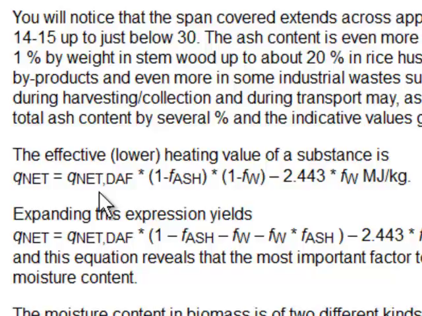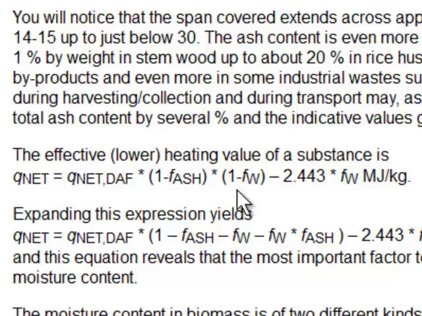The heating value for the dry ash-free substance is then multiplied with 1 minus the ash content. So 1 minus the ash content is the amount of ash-free substance. And then it is also multiplied with 1 minus the water content, which is equal to the dry material.